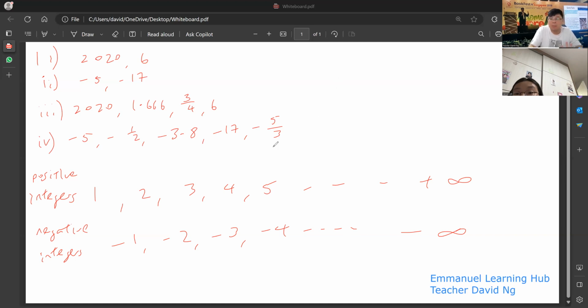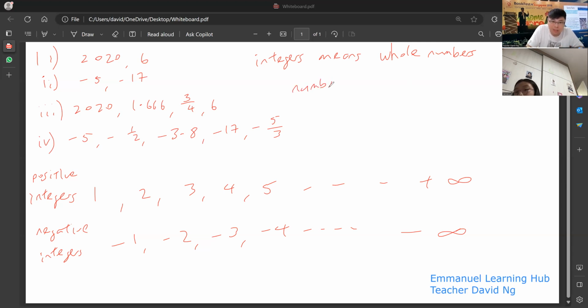Okay, numbers means numbers can include decimal, fraction, everything under the sun. Okay. Because they say numbers, not whole numbers. Integers means whole numbers. You know the difference? Integers means whole numbers. Numbers, not whole numbers.